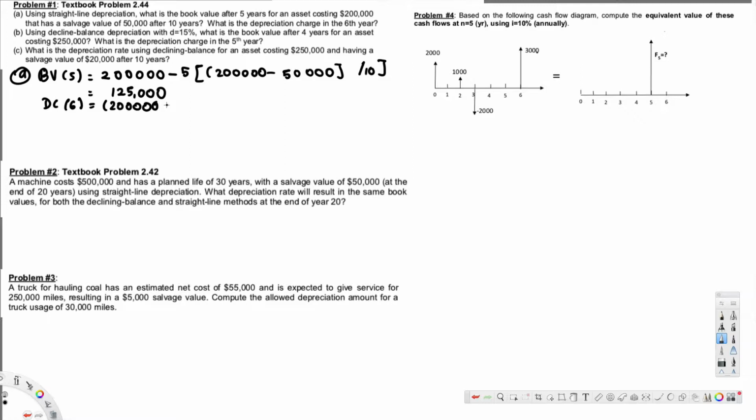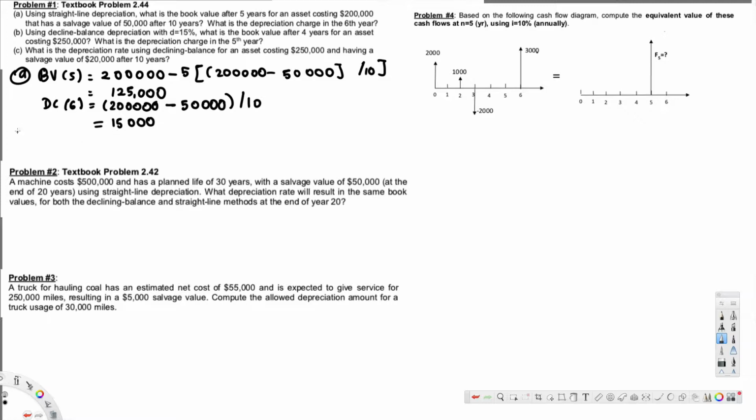So minus, not 125,000, it's 50,000 after 10 years. So we just have to subtract that one here, 50,000 after 10 years divided by 10, and that's going to give us 15,000. And that's the depreciation charge.